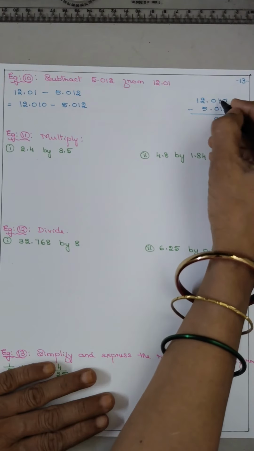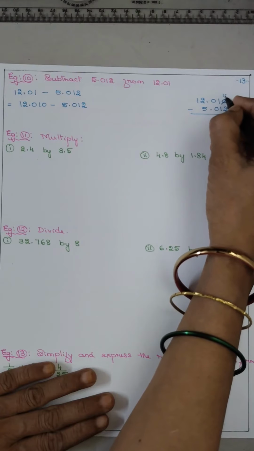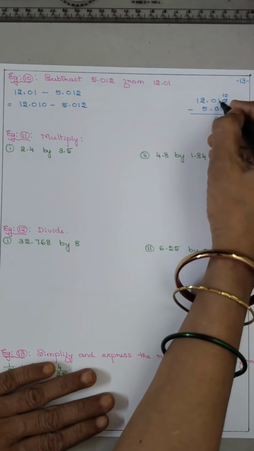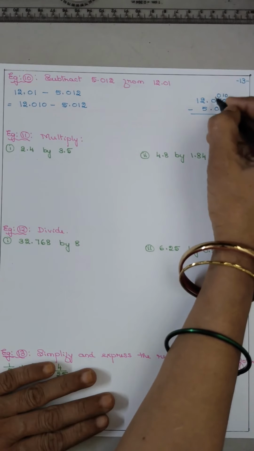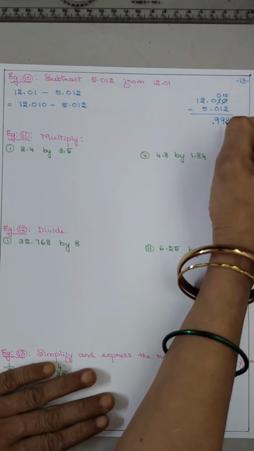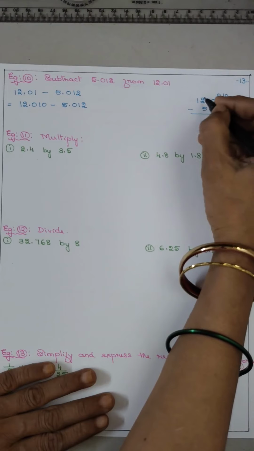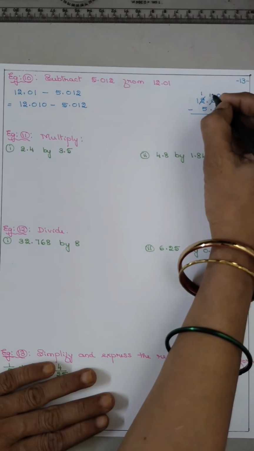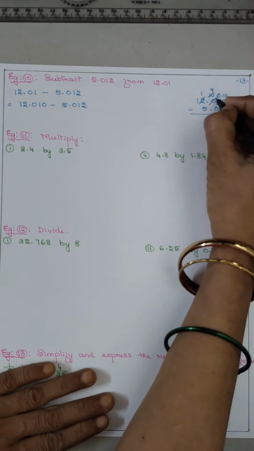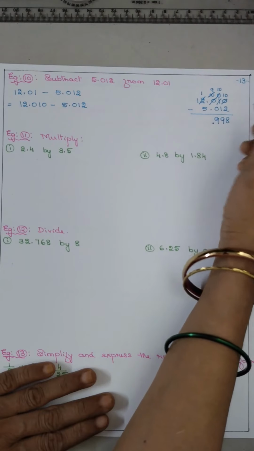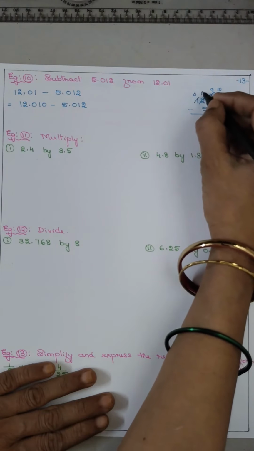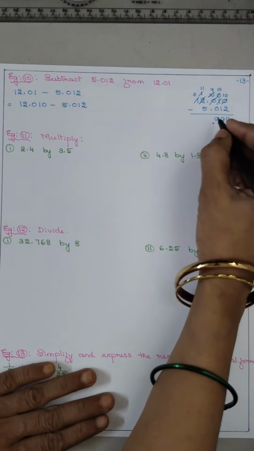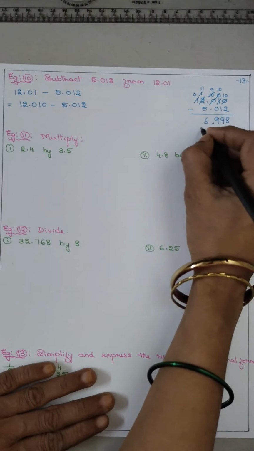Did you understand? So 1 came to this side, 10, 10 minus 2 is 8. Here 0 is left, we have taken from here, 0 minus 1 not possible, so directly 10 minus 1, 9, 9. Now 1 is 0, 11 minus 5 is 6.